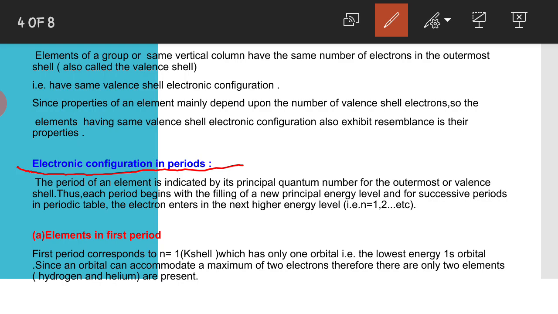Thus, each period begins with the filling of a new principal energy level, and for successive periods in the periodic table, the electrons enter the next higher energy level, that is, n is equal to 1, 2, 3, 4, 5, etc.